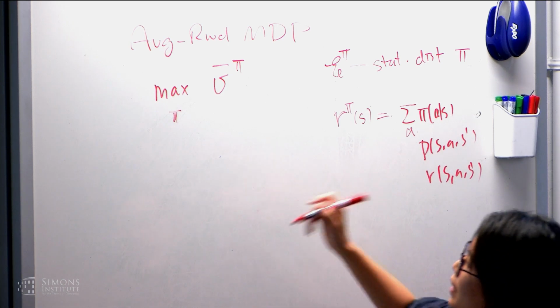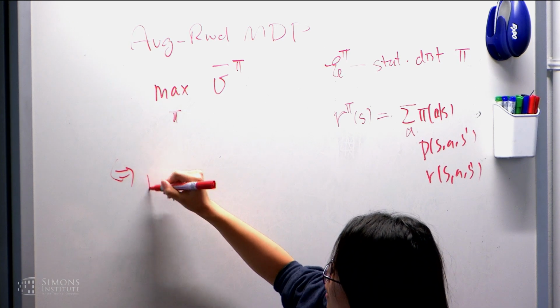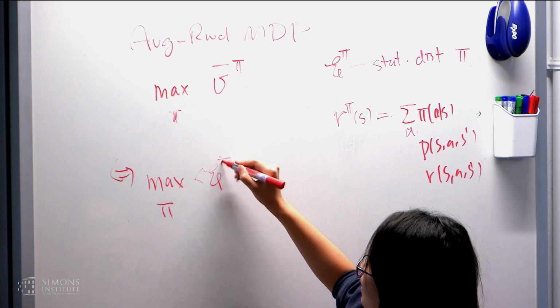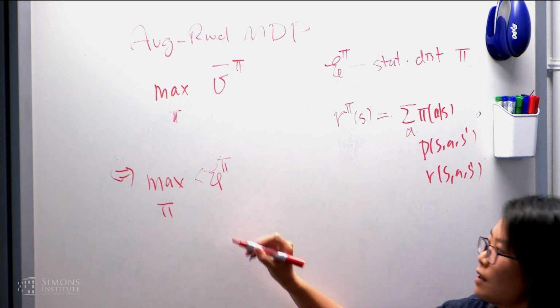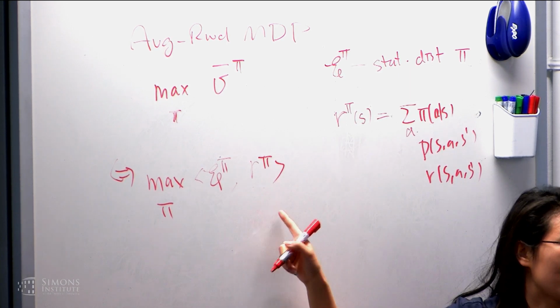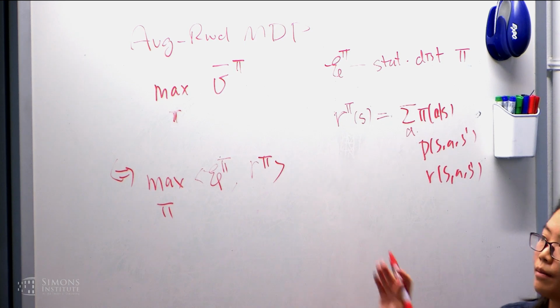If we write it in this way, essentially my optimization problem becomes this: I want to find the stationary distribution over states together with the one-step reward function to maximize their inner product, right?